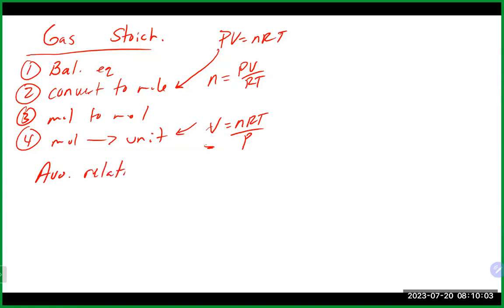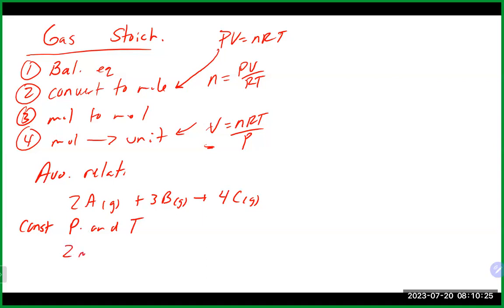An alternative to that is the Avogadro's relationship that goes with gas stoichiometry. If you have a bunch of gases in an equation, and you're at constant pressure and temperature, and you're only interested in the volume you would produce, and you're given a volume, much like a mole to mole relationship, we can do a volume to volume relationship, like 2 liters of A would give us 3 liters of B. In that situation you can often bypass the ideal gas law.